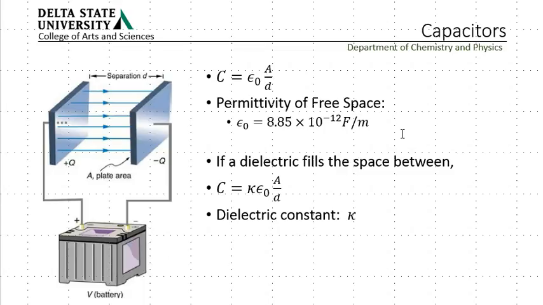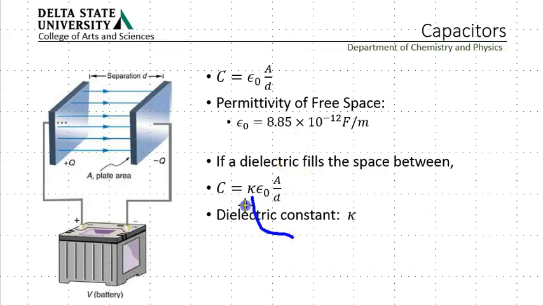If we put what's called a dielectric in the middle, a dielectric would be something like the top of your table in class. That's a good dielectric. Or rubber, or plastics. There are tons of things that are really good dielectrics that we use as insulators all the time. Glass is a good dielectric. If a dielectric fills the space between the plates, then the capacitance has a factor of kappa.